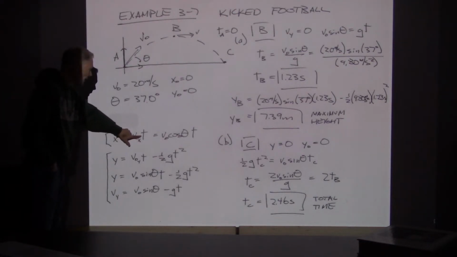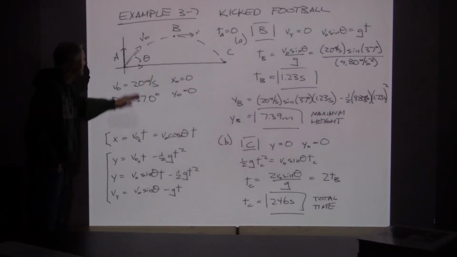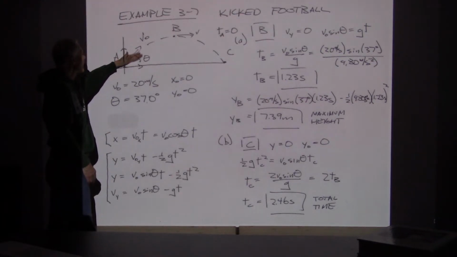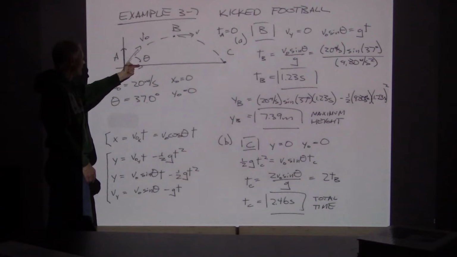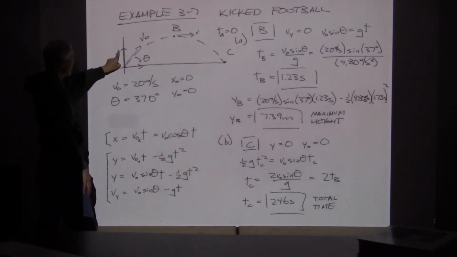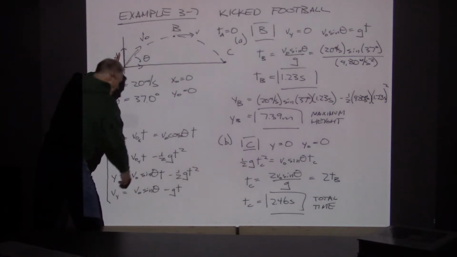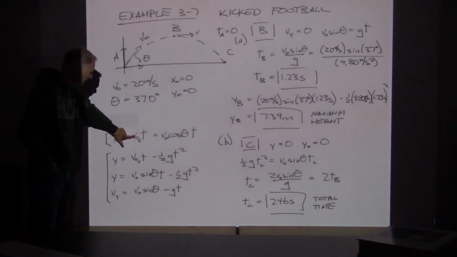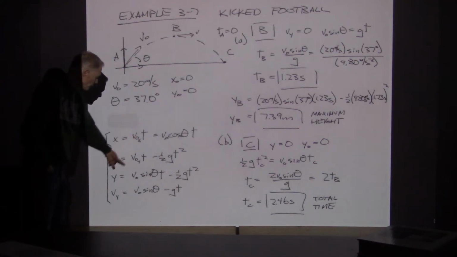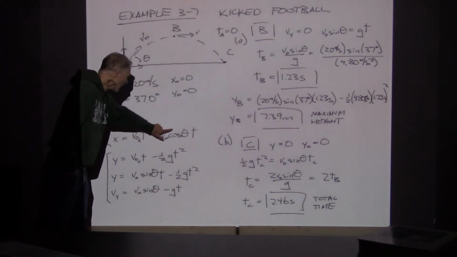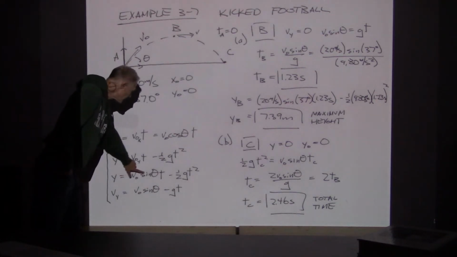Given this information, what we can say is that x is equal to v naught x times t. Now v naught x, if I do vector resolution, if I divide the v naught into components, I'm going to get a v naught cosine theta in the x direction, and a v naught sine theta in the y direction. So I can write these either way, as v naught x and v naught y, or as v naught cosine theta and v naught sine theta.